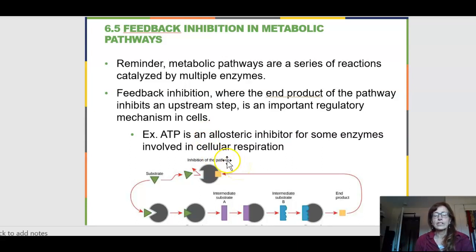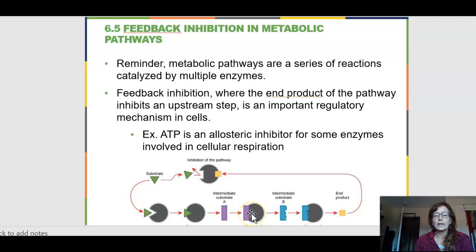So let's follow this down here. Here's the enzyme and here's the substrate, and now the enzyme is entering the substrate's active site. Something's happening here. The enzyme is doing some job. We get this kind of intermediate substrate that gets formed.